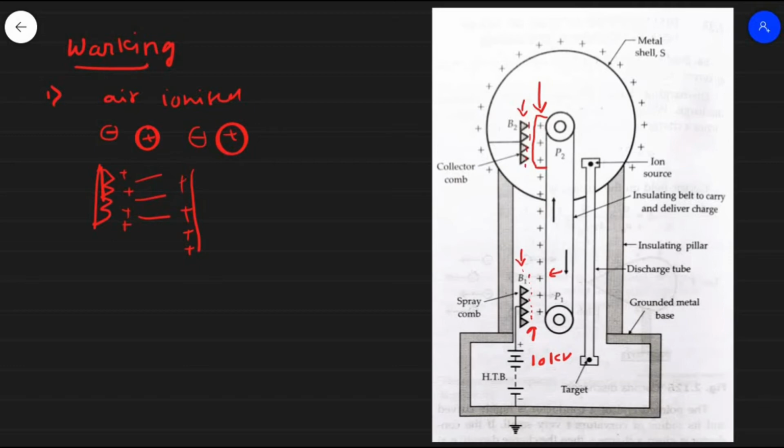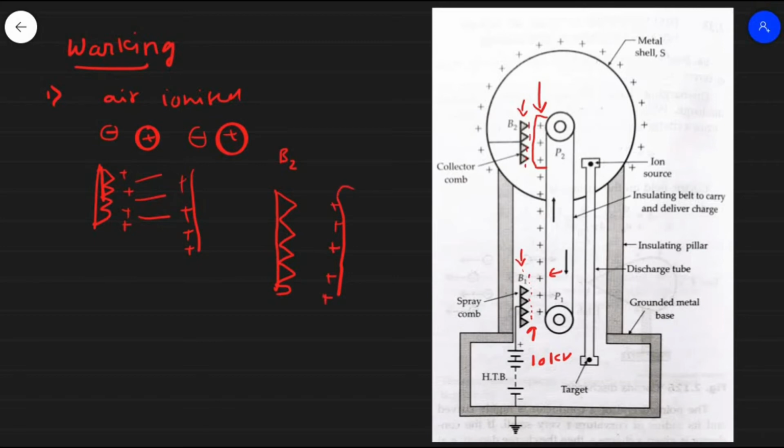Let me just draw it here. Let's say this is our second spray comb B2, and this is our belt. So we have positive charge on this belt, like this, and this positive charge will do what?